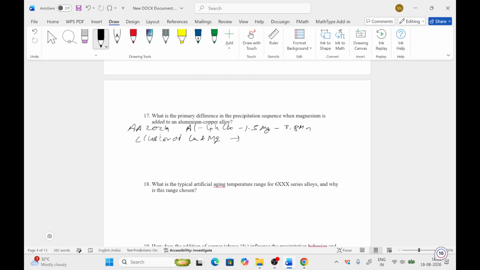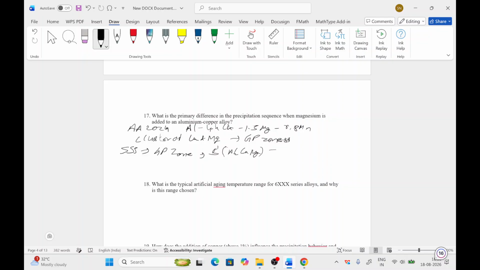The cluster of copper and magnesium leads to the formation of GP zones from the supersaturated solution. After that, the S dash precipitate forms with the composition Al2CuMg.